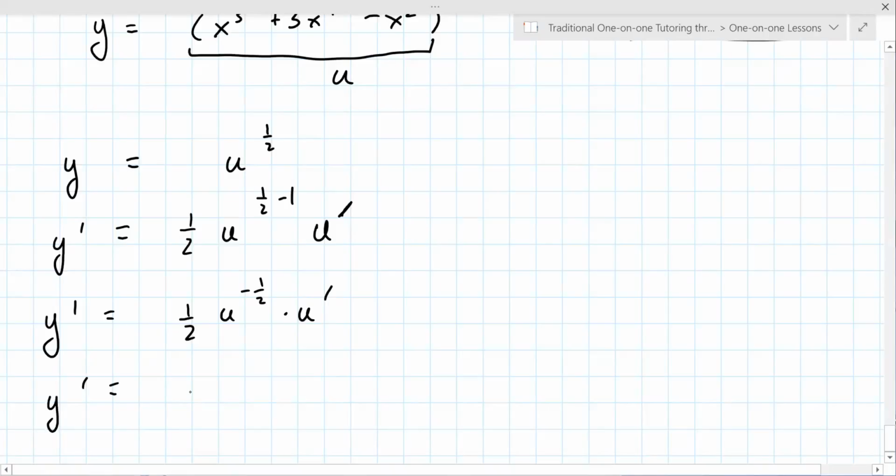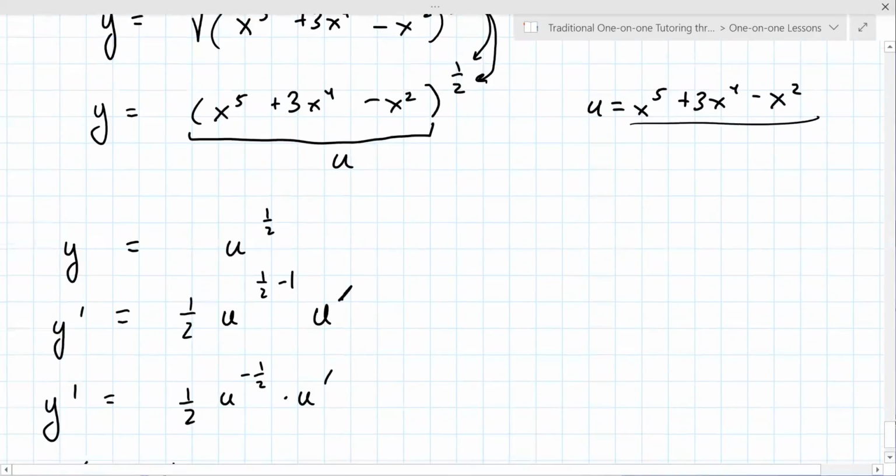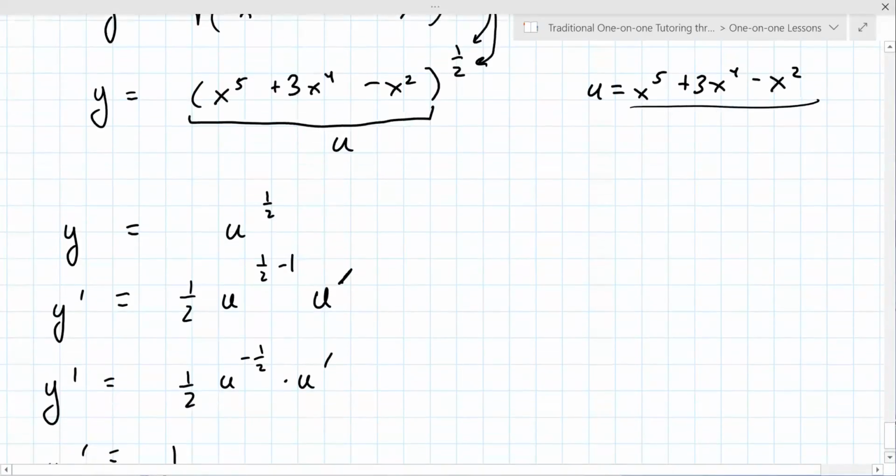So that means that's where you have to go back and grab your stuff here. You have to grab this x to the fifth plus 3x to the fourth minus x squared, all to the minus 1/2 power. But we didn't figure out u prime.